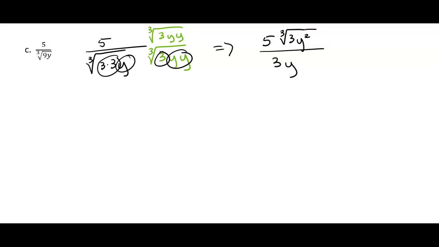Now, if that 3 could go into 5, I would do something, but it can't, so I'm done. That is the answer. So it's easier to work with those prime factors. That'll save you a lot of heartache on these problems. Okay?